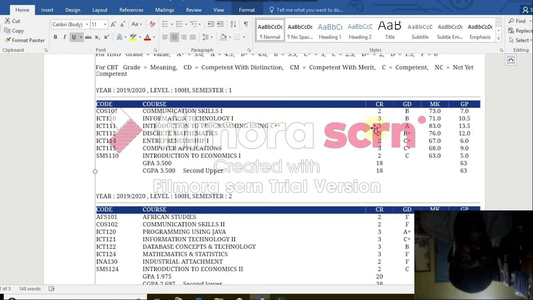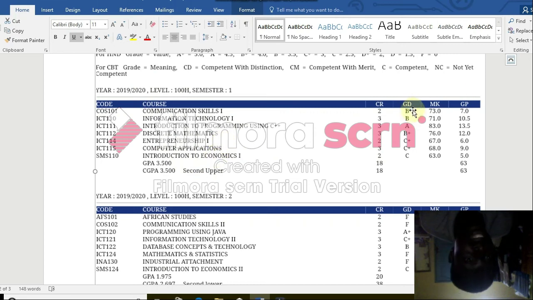Programming C++, we spend 3 hours. Mathematics, we spend 3 hours. If we put all the hours together, the total credit hours is 18 hours. So we spend 18 hours every week on all the courses over here.